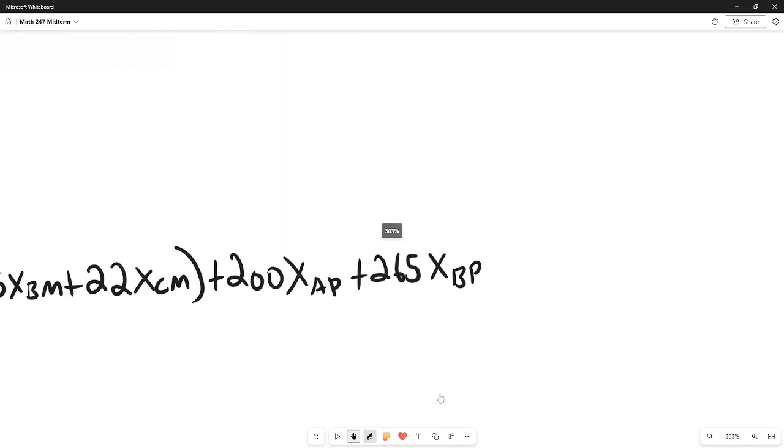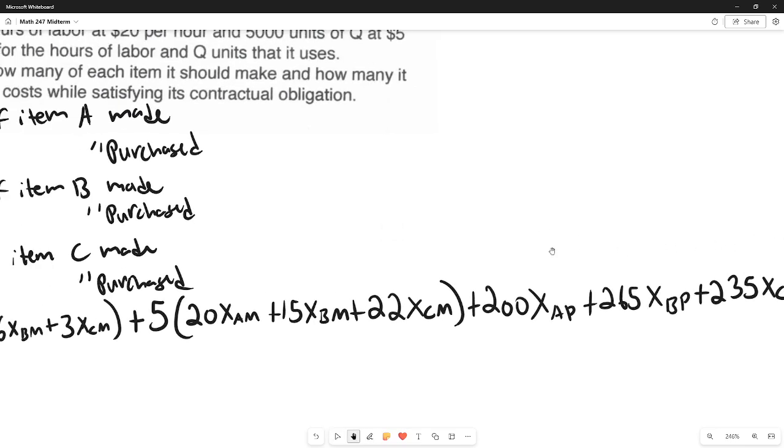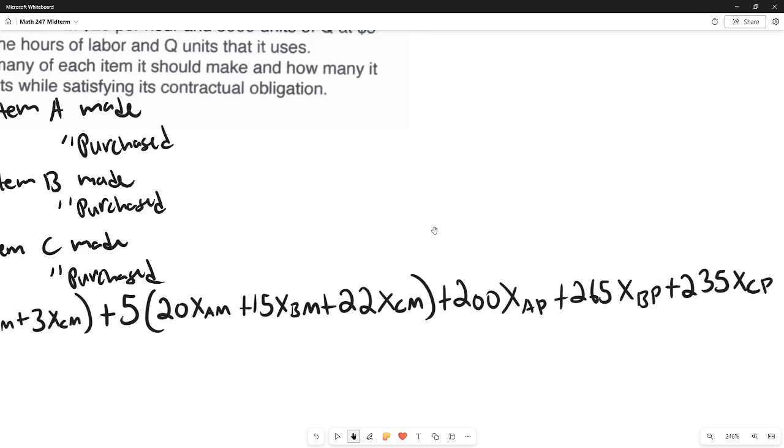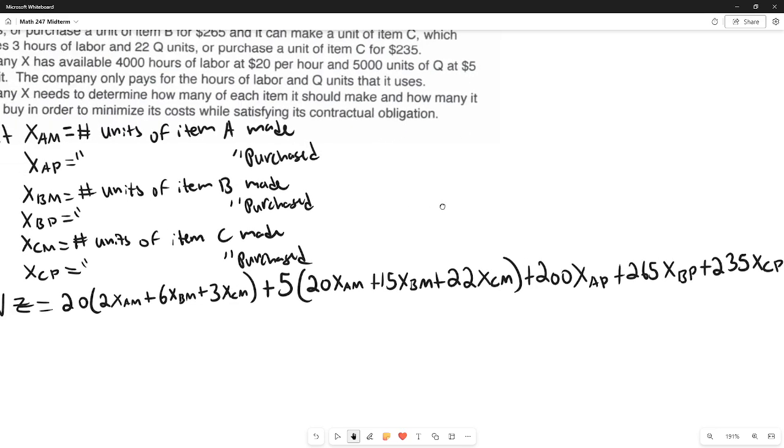So we go here plus 235 XCP. Okay. And this should work for our objective function.